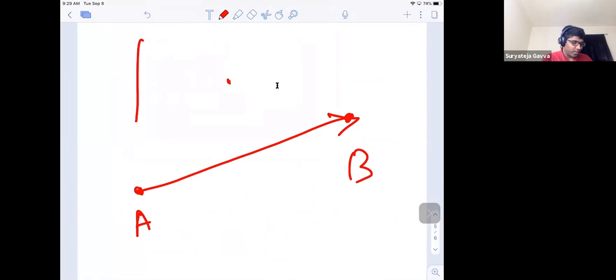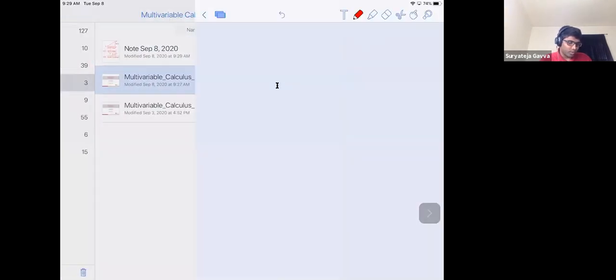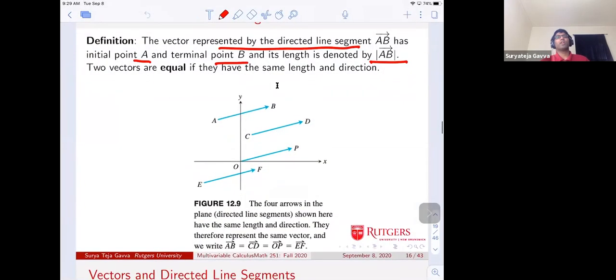I am only drawing plane vectors, but this vector could be anywhere, joining any 2 points in the space. So that's a vector AB. I hope you understand the notion of a vector.